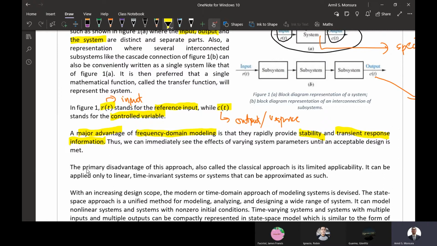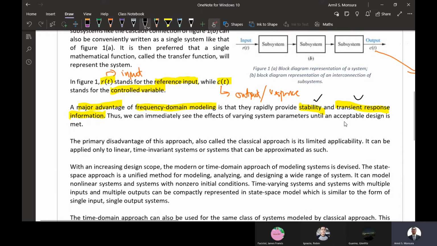Actually, we will have to develop new tools in order for us to obtain stability information and transient response information. But the tools and methods we will develop are not really that complicated, since they only involve algebraic methods. So that is why it is a big deal that we will use transfer functions in order to model our system.